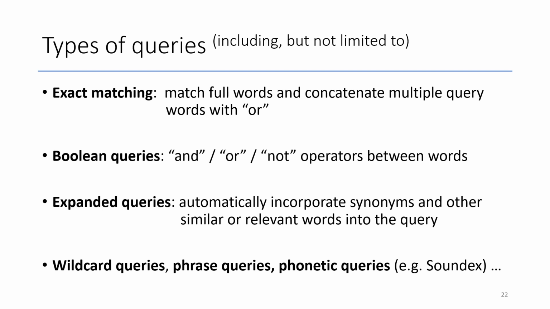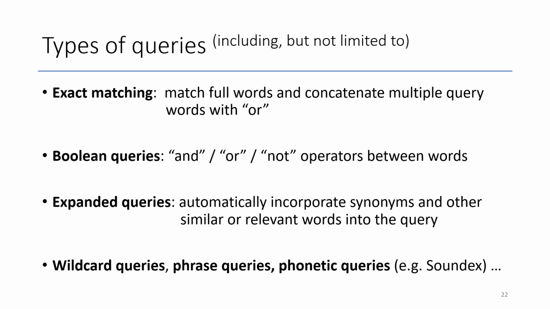And those types of queries that we can do on top of an inverted index are already pretty diverse. So we can search for exact matching, where we match full words or concatenate multiple query words with an OR operator. We can also conduct Boolean queries where we say both words or all the words have to appear, or certain words are not allowed to appear in a document to filter our results further.